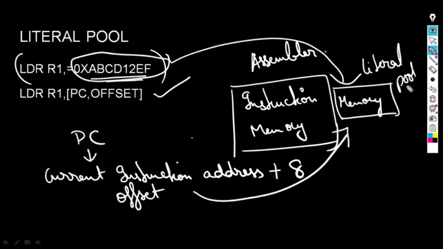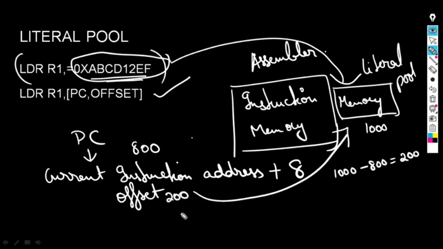If the literal pool address is 1000, and let's assume the current instruction address plus 8 is 800, then offset will be 1000 minus 800, that is 200.